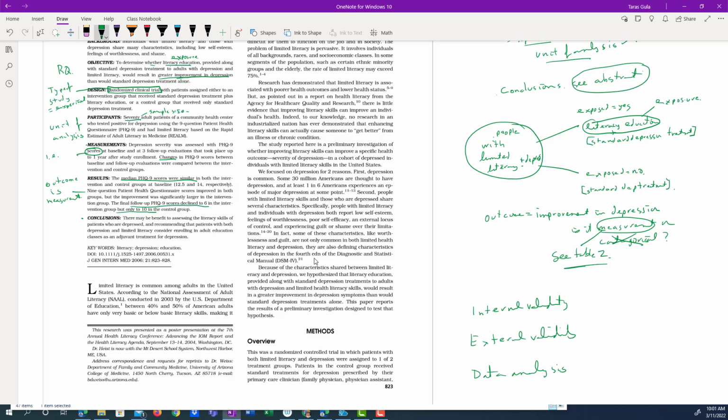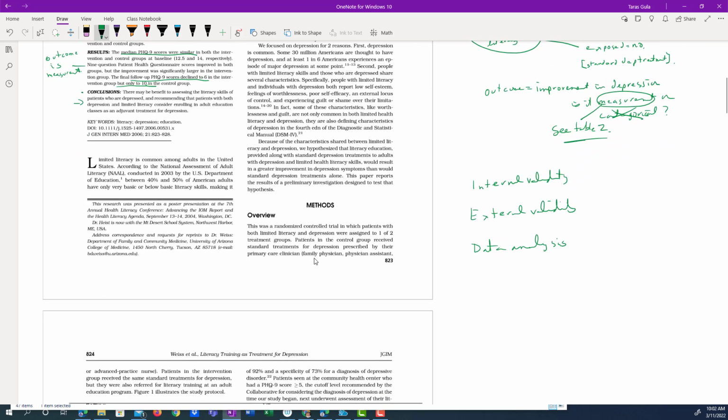What I could ask is something like, what conclusions did the authors make and what numbers did they refer to? In the abstract, the results plus the conclusions would be needed, because they talk about the PHQ-9 scores declining to 6 in the intervention group and only to 10 in the control group. A score of 6 means less depression, a score of 10 means a higher depression score. So that's a good thing. You want the treatment group to be lower.